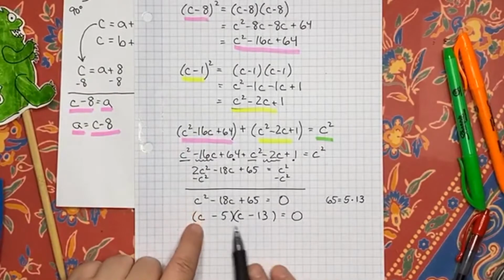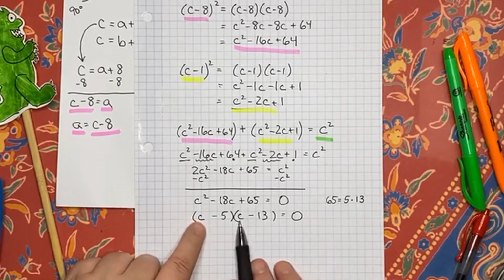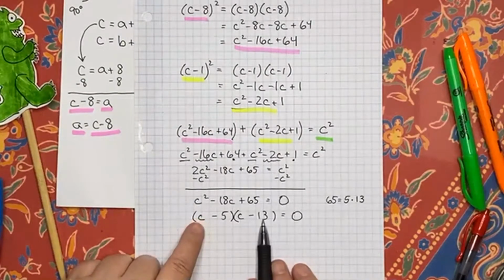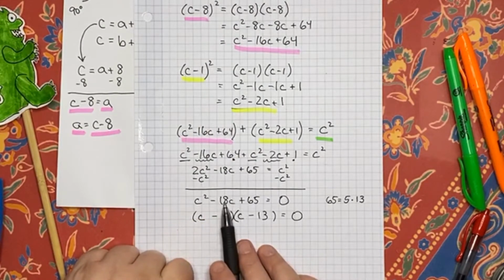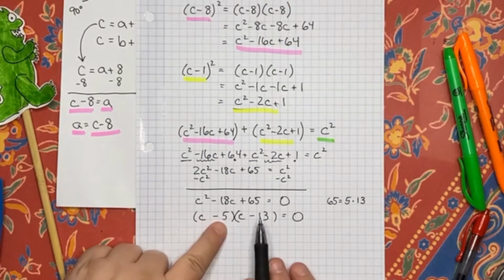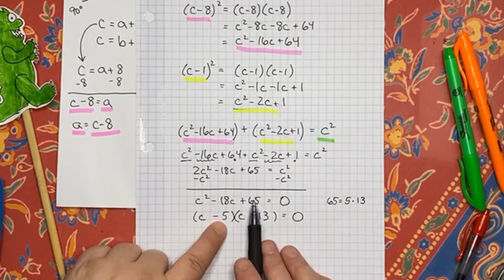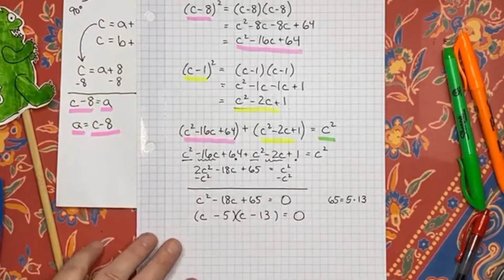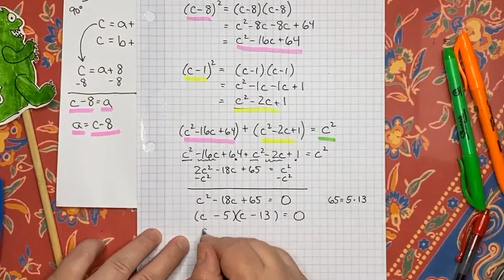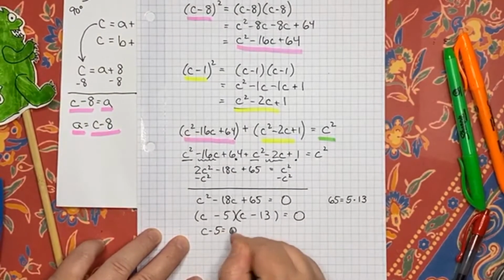Will this factor like this? We got the c squared, and then I got minus 13c minus 5c. Yes, that'll give me the negative 18c, and then negative 5 times negative 13 will give me the positive 65. We did it, yay! Okay, then I use the zero property.